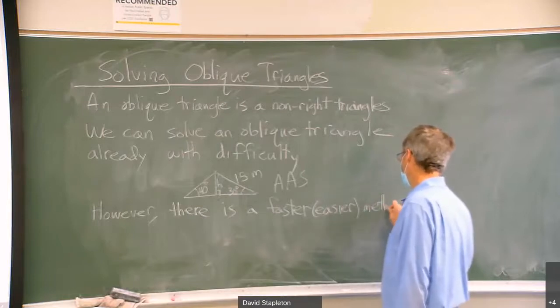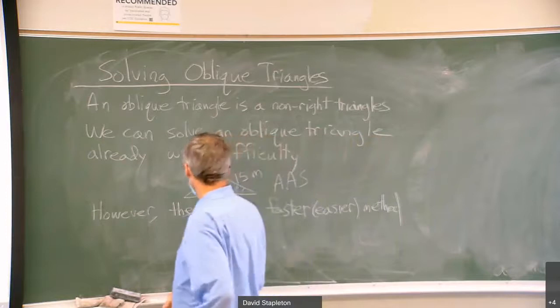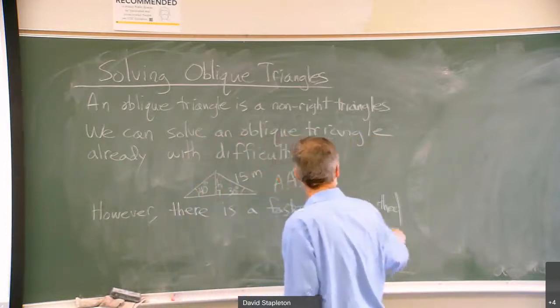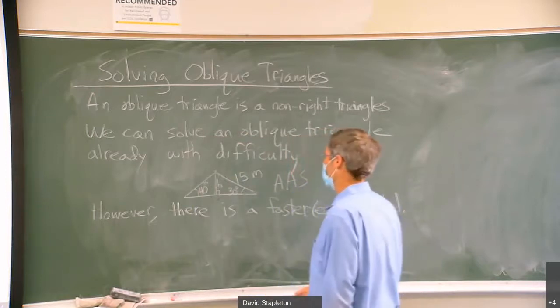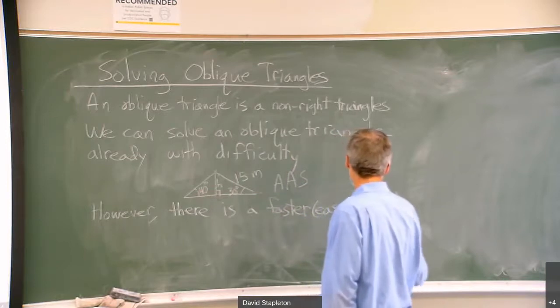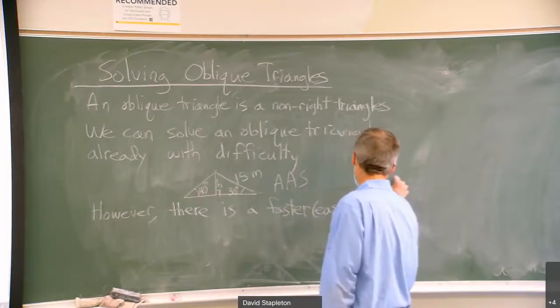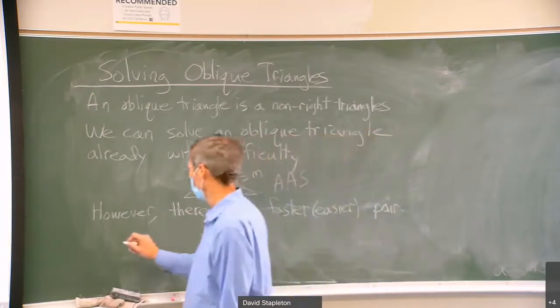And it's pretty easy to memorize too. There are actually 2 methods when you cover all triangles. There's one method for this case, and another method for other triangles. Let's say a faster, easier pair of methods for oblique triangles in general.